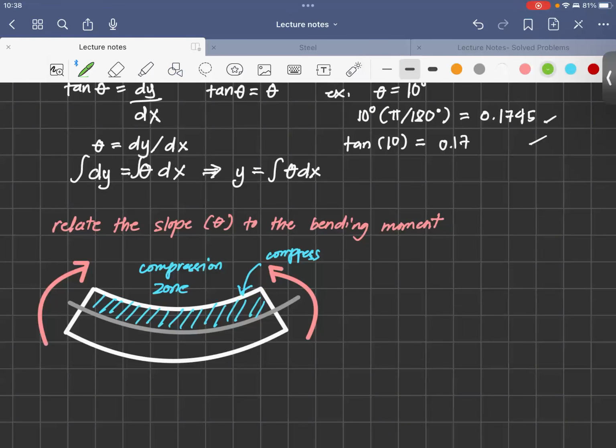And then on the bottom part of our beam, it is stretched. This is what we're going to call the tension zone, wherein the portion is stretched.